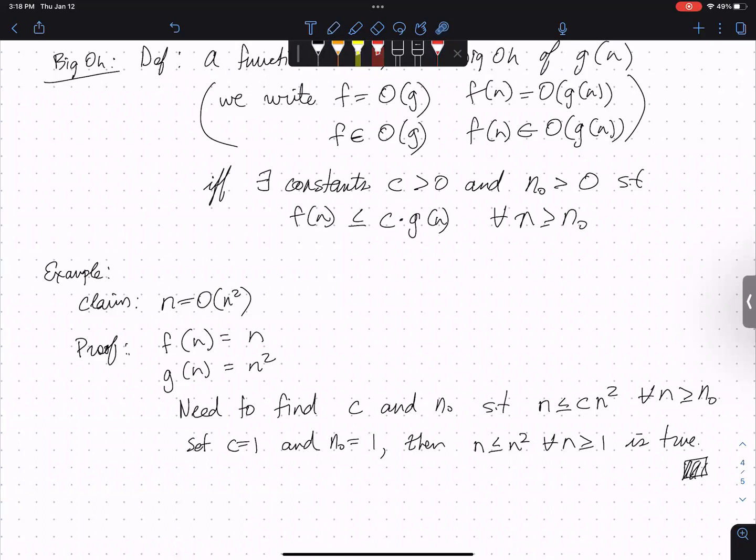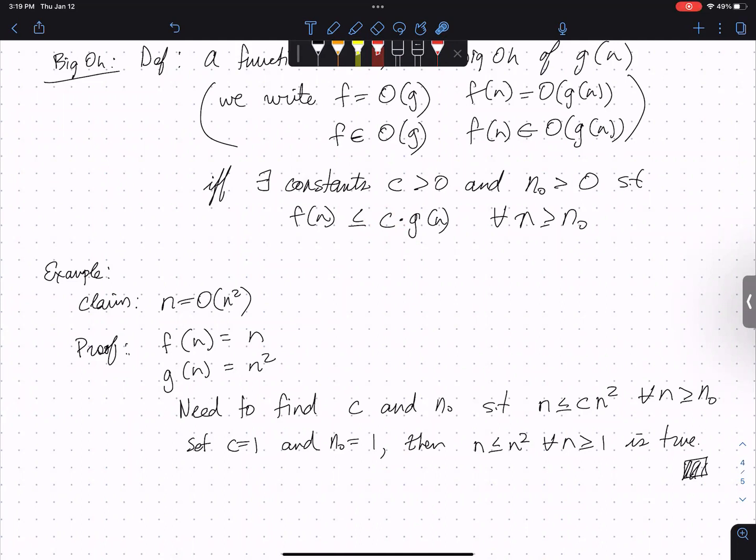So what I mentioned is that big O is like a less than or equal to, and so in some sense, in an asymptotic sense, n is less than or equal to n squared. And you can see here that's kind of what it's saying. But there are two ways in which it's different than just saying it's less than or equal to. The first is you're allowed to be off by some constant factor. So you're allowed to scale your function g of n to make it bigger.